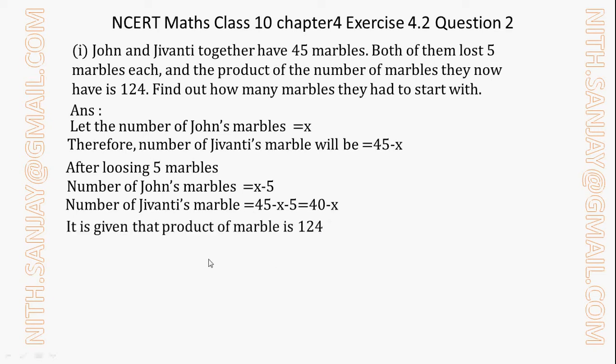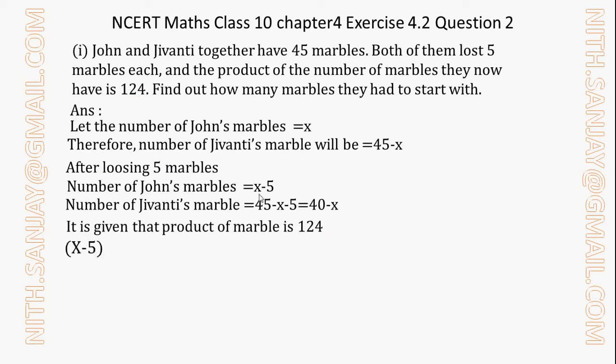Okay, now we will take the product of these marbles, because it is given that the product of the marbles after losing 5 marbles is 124. So now we will multiply the marbles of John and the marbles of Jivanti which they had left after losing 5 marbles, right?